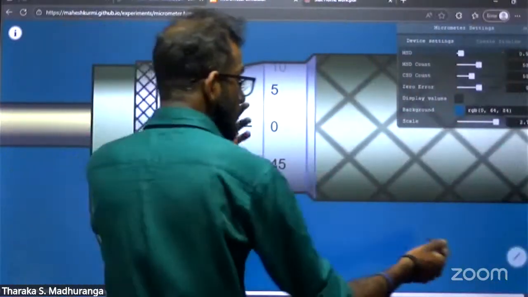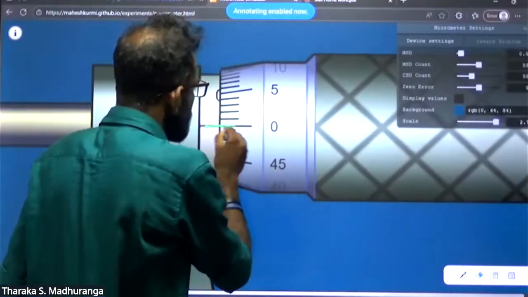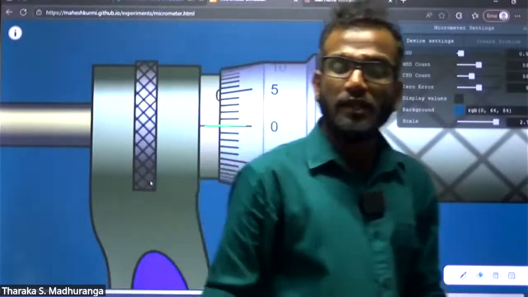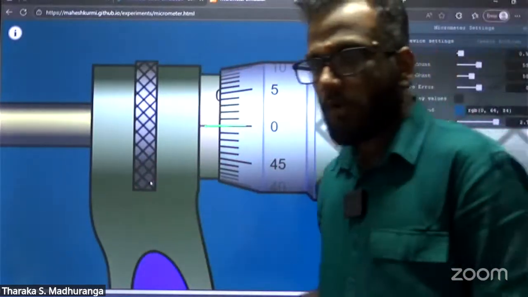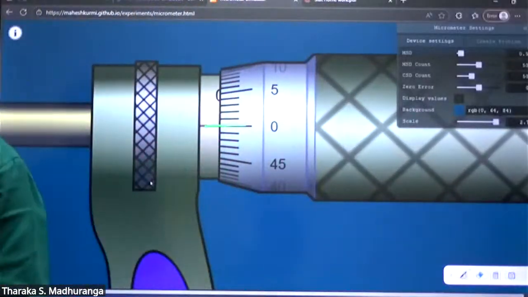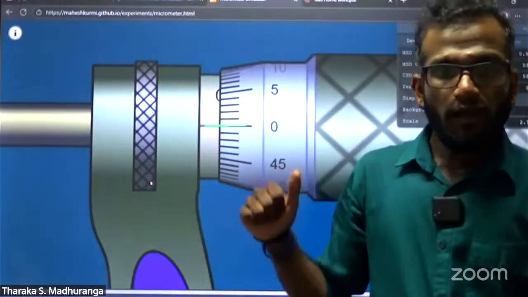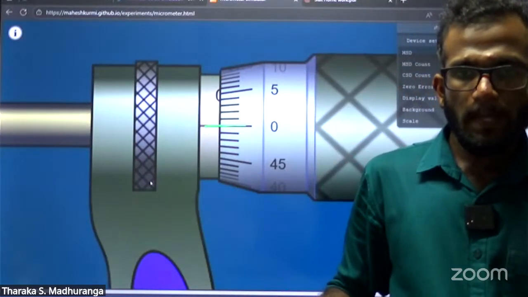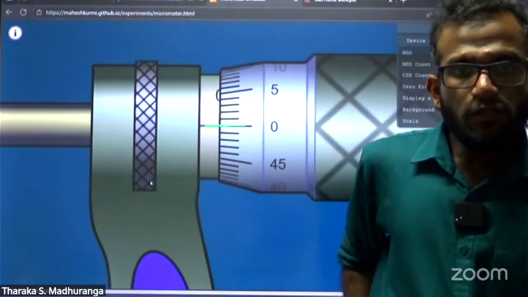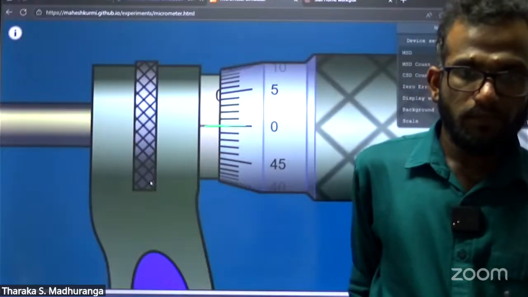If it coincides like this, zero with the linear scale middle axis, we call it an instrument without any zero error, an accurate instrument. Understood? Good.